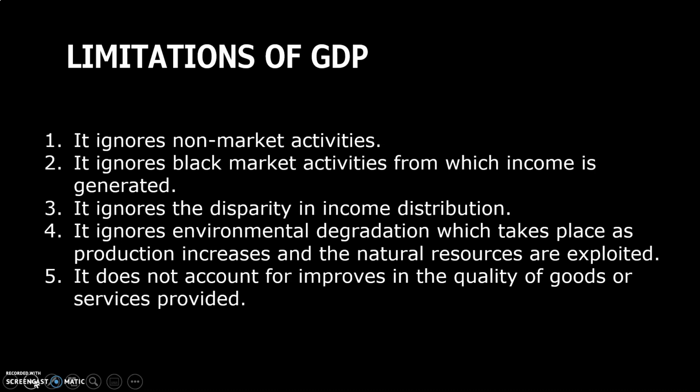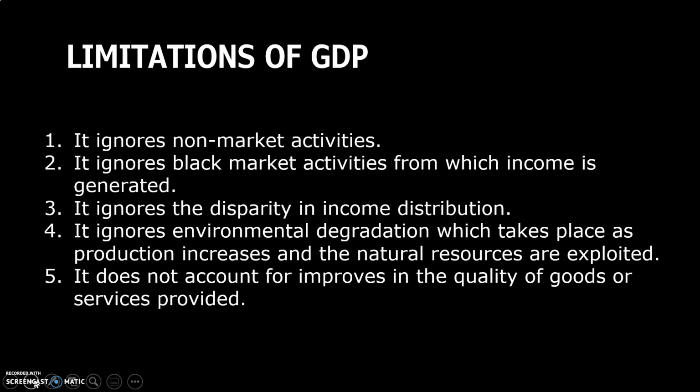It also ignores black markets or illegal activities from which income is generated. It ignores the disparity in income distribution. So, if a country has what is considered to be a high GDP, but it has a very unequal wealth distribution, by looking at the GDP, it's not giving you a clear picture of how each person in the economy is doing.